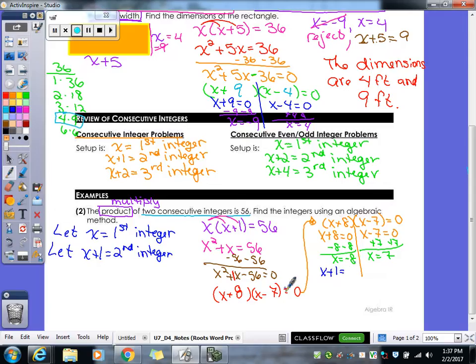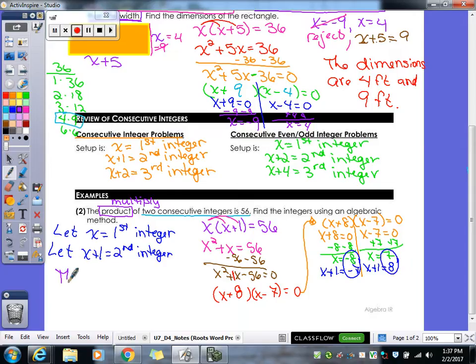So if x is negative 8, what would negative 8 plus 1 be? Negative 7. So here's one set of answers where it's negative 8 and negative 7. Now if x is 7, what would 7 plus 1 be? 8. There's our other set of answers.